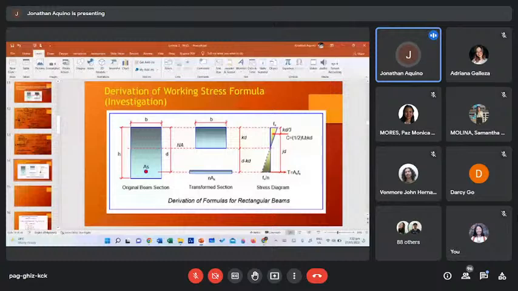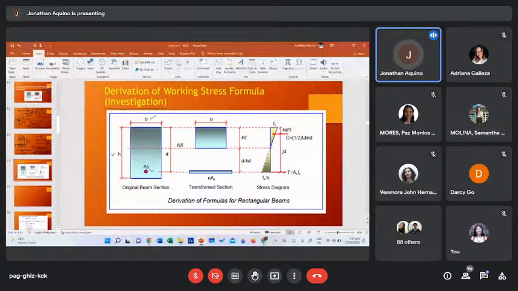So for investigation, the dimensions are given, the area of steel are given, okay? So what we need to do is to determine the capacity of the section. So similar to transform area method, ang gagawin natin is ganun din, kukunin natin yung centroidal moment of inertia o yung centroid nung section.